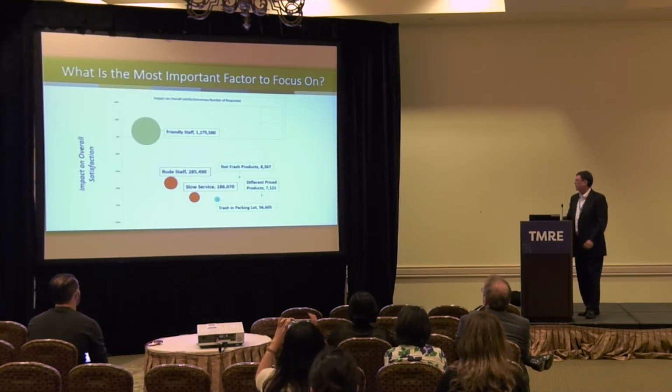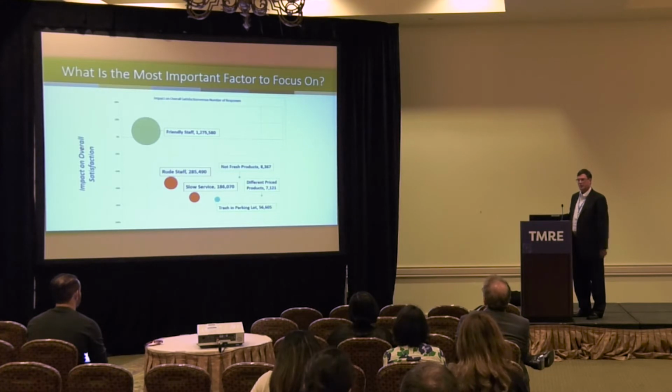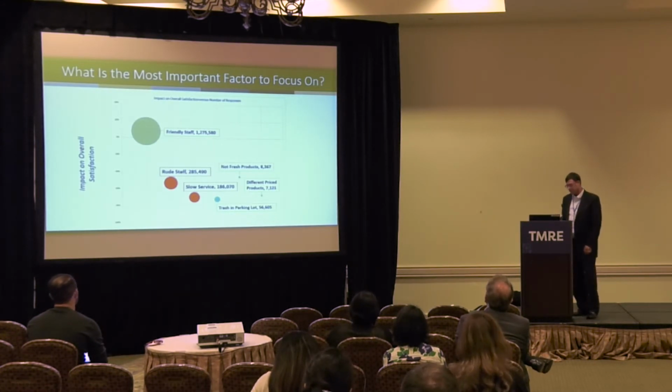So you can see slow service and rude staff are big, and they have large numbers. So we would focus on those rather than, say, trash in the parking lot that only had 56,000 of 2 million comments, or products priced differently, which would be due to different stores having different prices based on their market. So we would focus on the friendly staff.